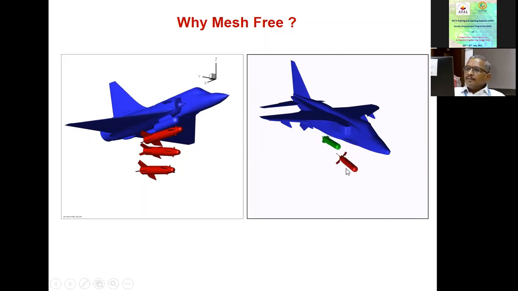Apart from this, as each body moves, you can see down in the trajectory, after some time, the body configuration itself changes. Complex fins open up. So how do you really generate time-dependent, whether structured, multi-block structured grids, unstructured grids, or how do you do bookkeeping for the kind of chimera grids? So these are the kind of situations where one would really look into a mesh-free approach.